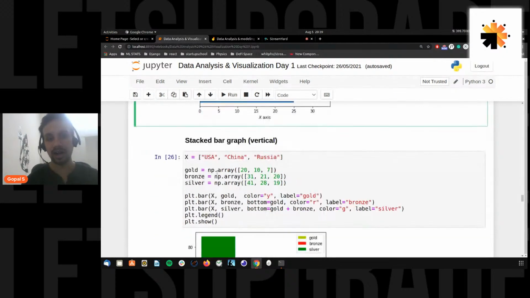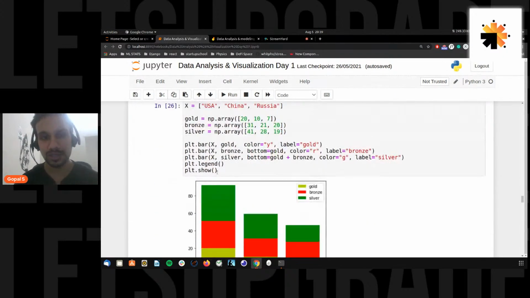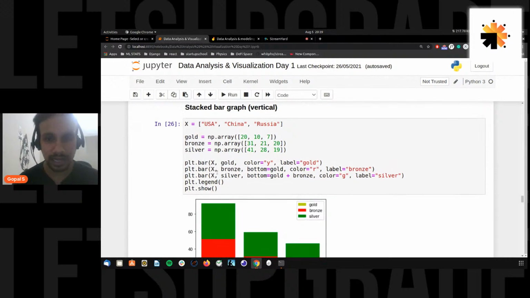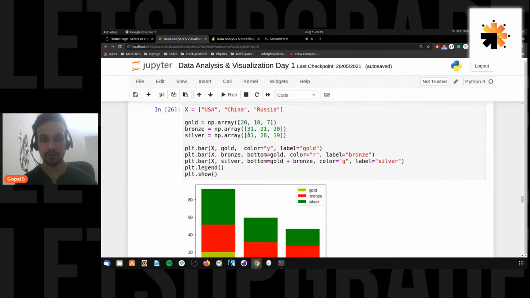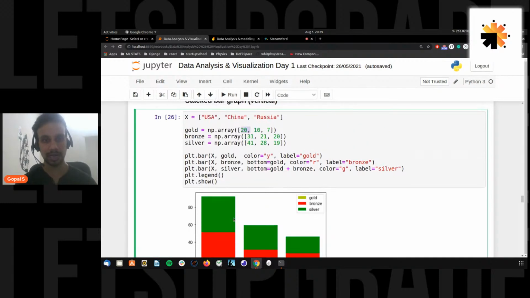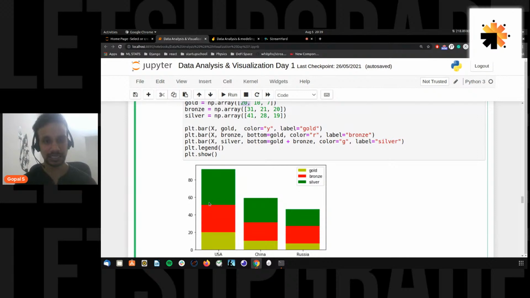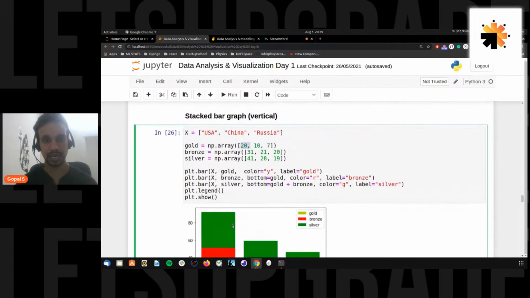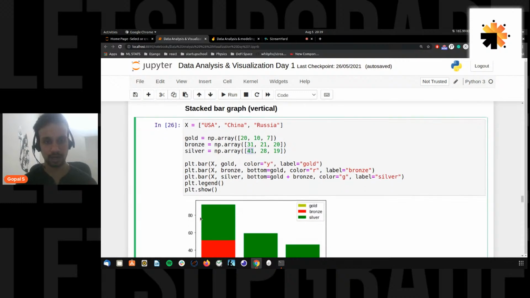Now comes the stacked bar graph. What exactly do I mean by that? For the gold one, these are the 20 values. For the bronze one, these are the 31 values. And for the silver one, 41 values.